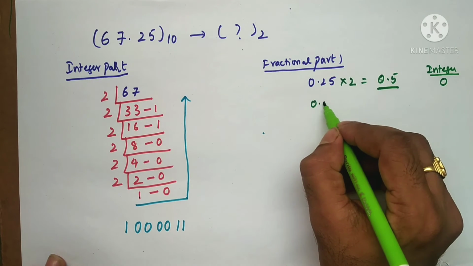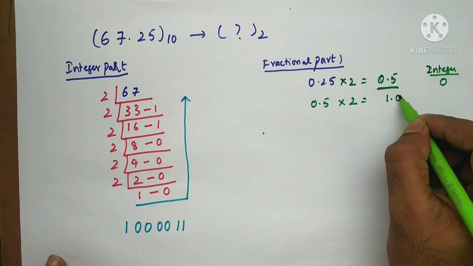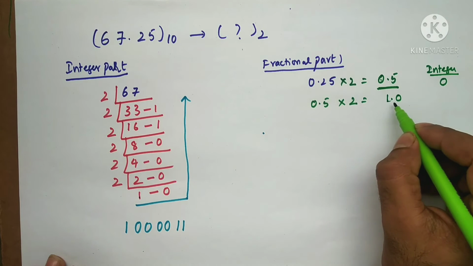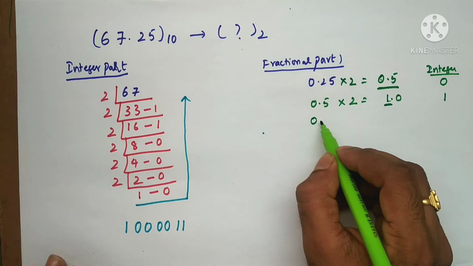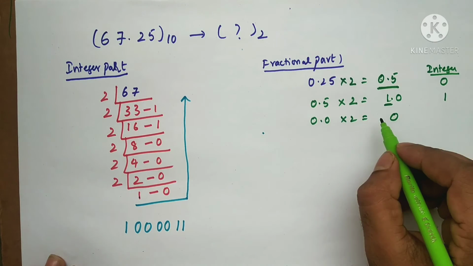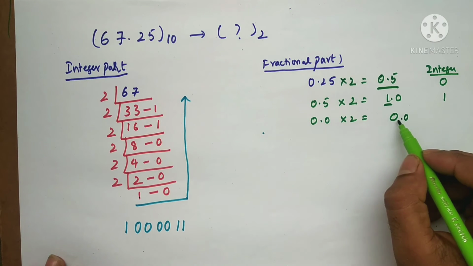So again 0.5. 0.5 into 2 means 1.0. What is the integer part? 1. So write 1 here. And the remaining is 0.0. 0.0 into 2 is 0.